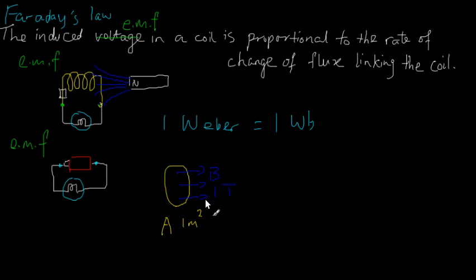So if I have this situation, then the flux, assuming a uniform magnetic field, is the magnetic flux density times the area, and assuming that B is perpendicular to the area, the flux would be 1 Tesla times 1 meter squared, which is 1 Tesla meter squared.